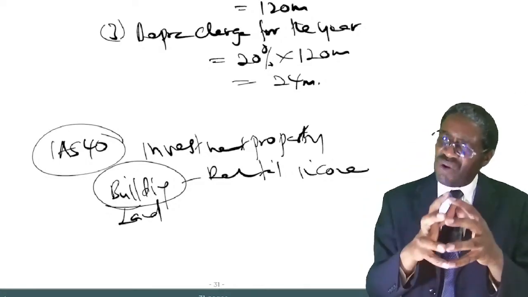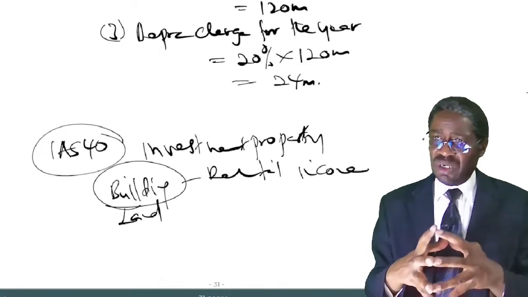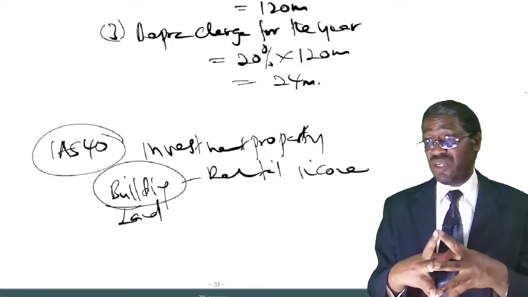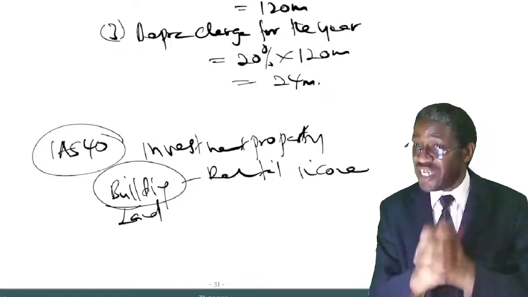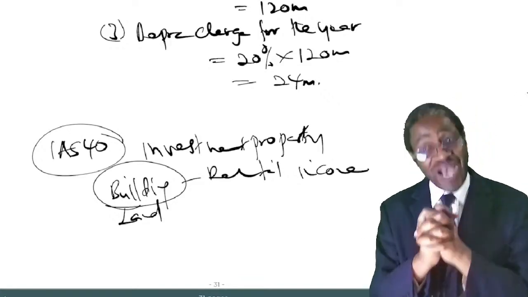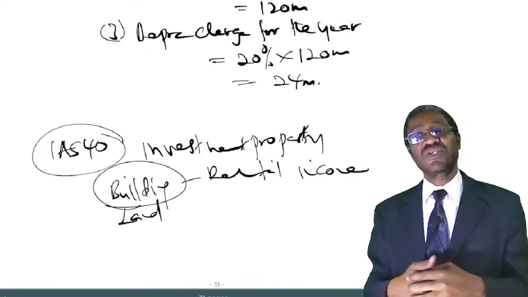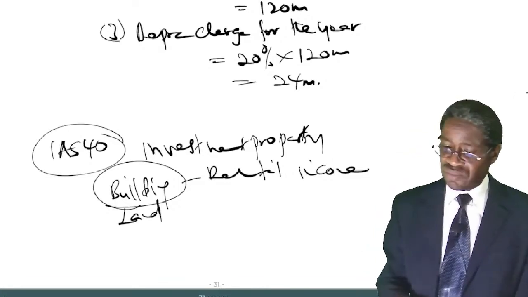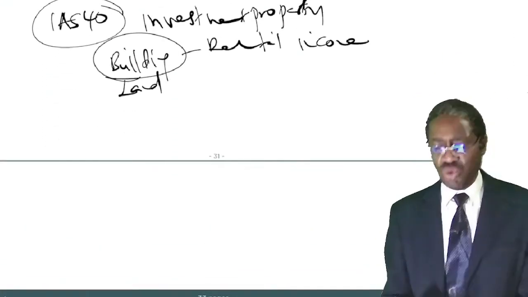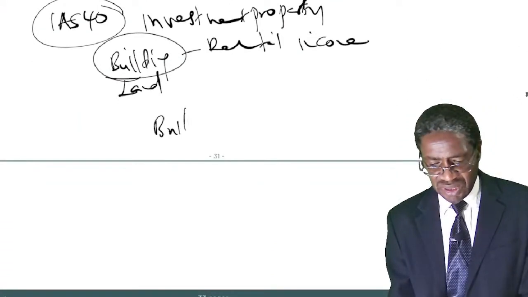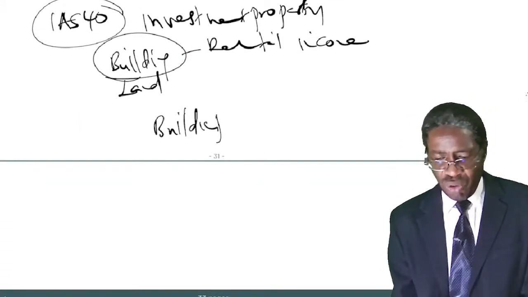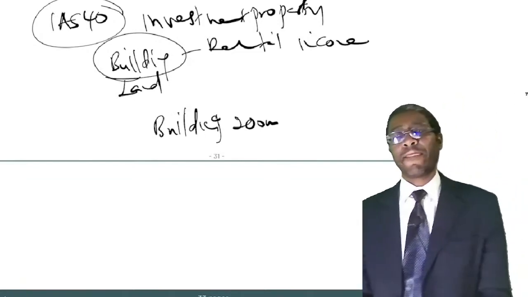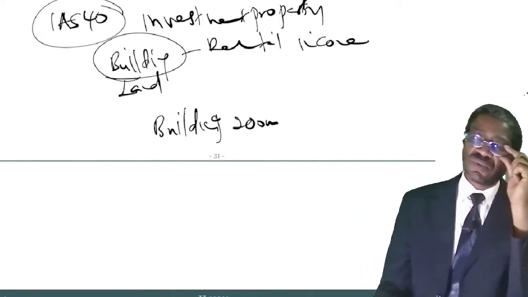Any asset that your company is holding with the aim of capital appreciation in value or for generating rental incomes is classified as an investment property. So let's assume you bought this building for, let's say, 200 million. That's how much it cost you.